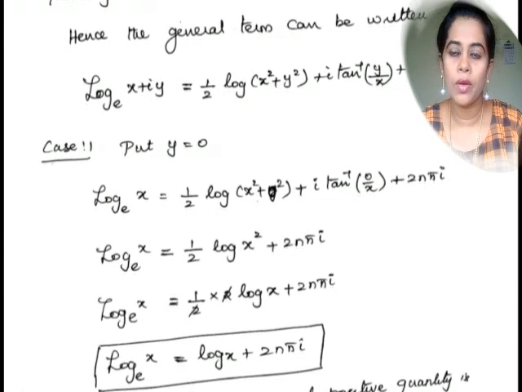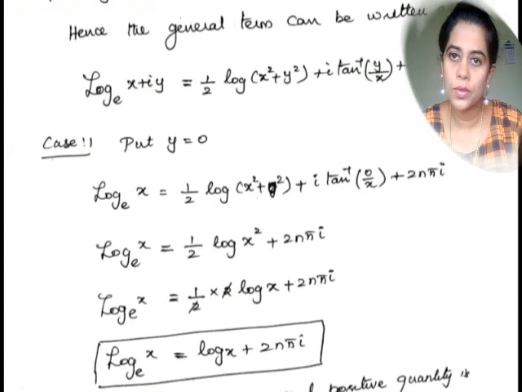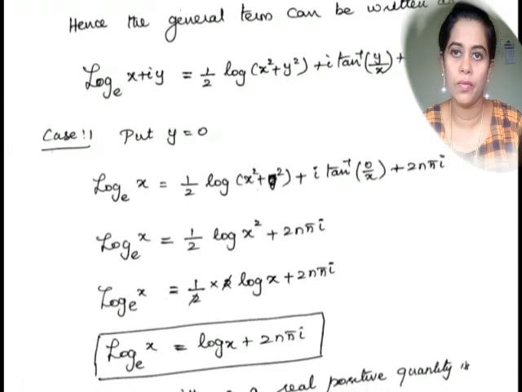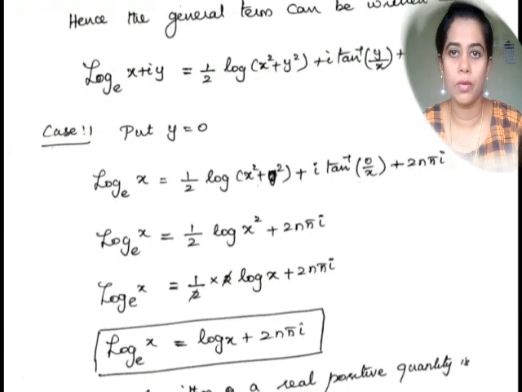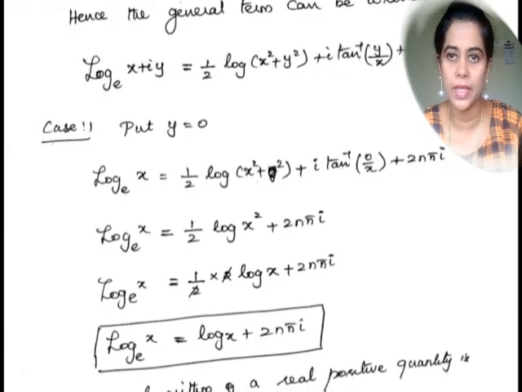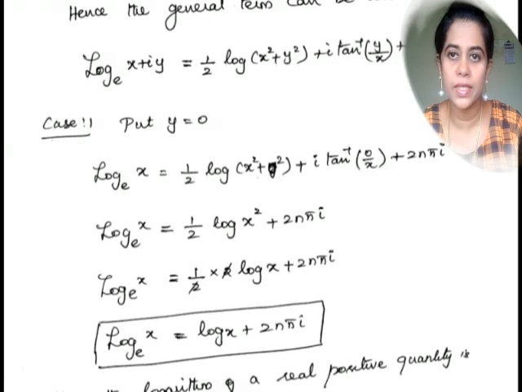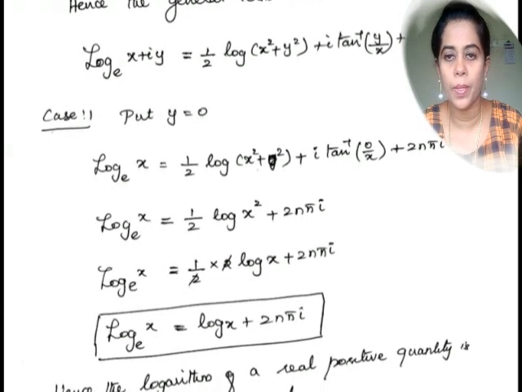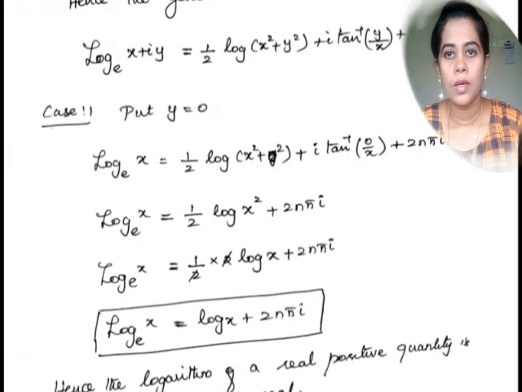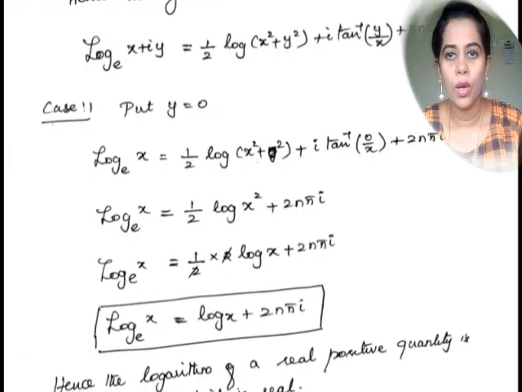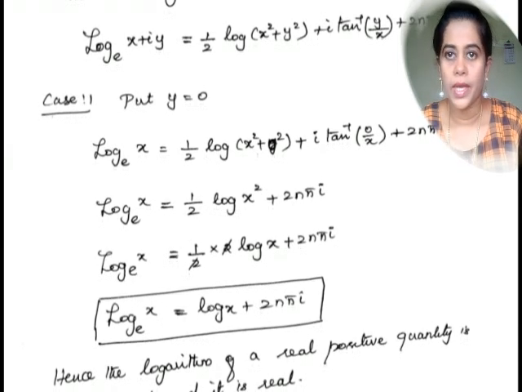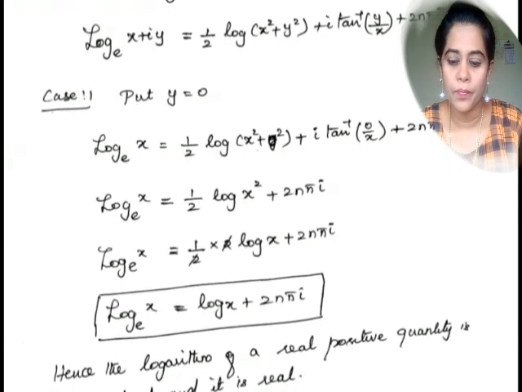And according to the log of m power n rule, log x square can be written as 2 log x, and with the half, the 2 gets cancelled. So simply we can write log x plus 2n pi i. So as the result, log x to the base e is equal to log x plus 2n pi i.